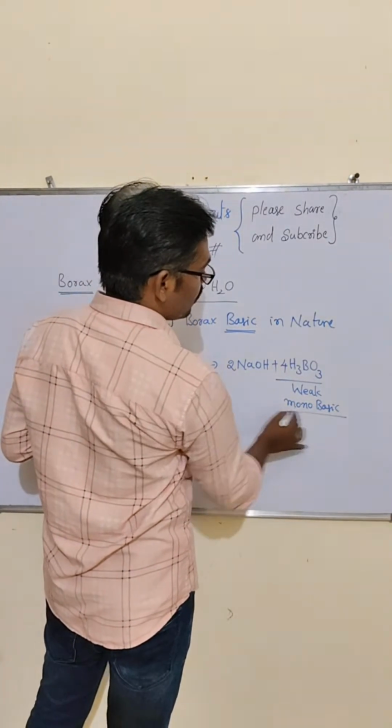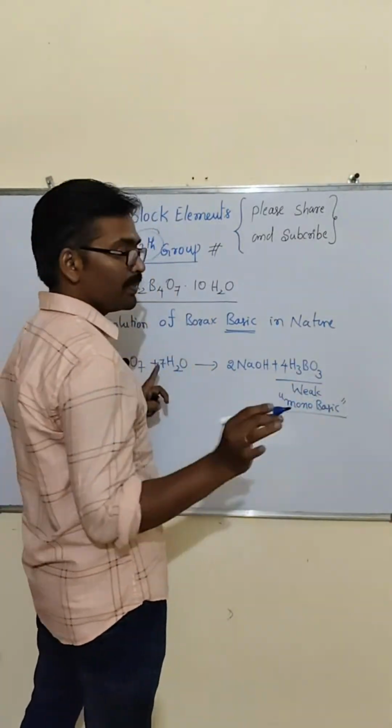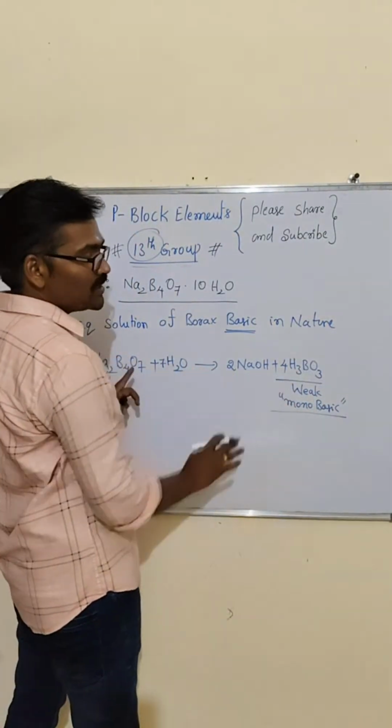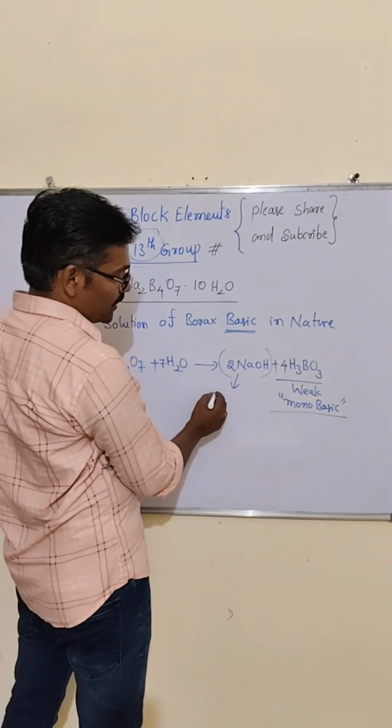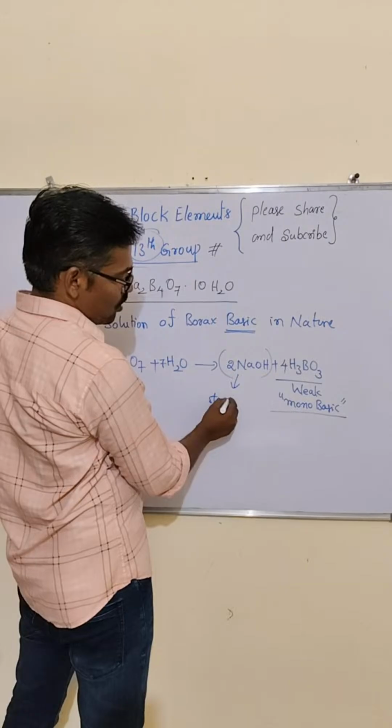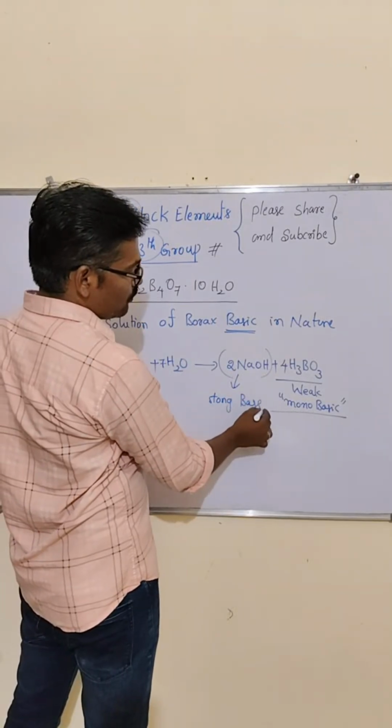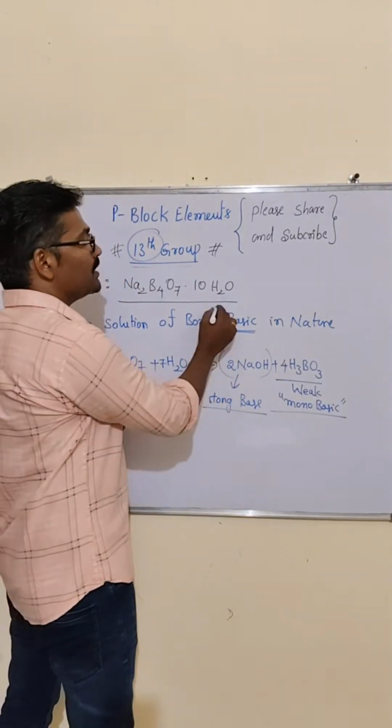Why are we calling it monobasic acid? That also we'll discuss. It is a weak monobasic acid, but NaOH is a strong base. That is why we call it a basic solution.